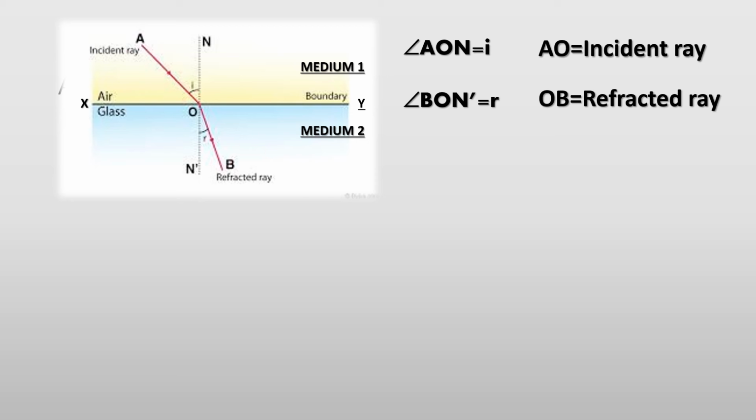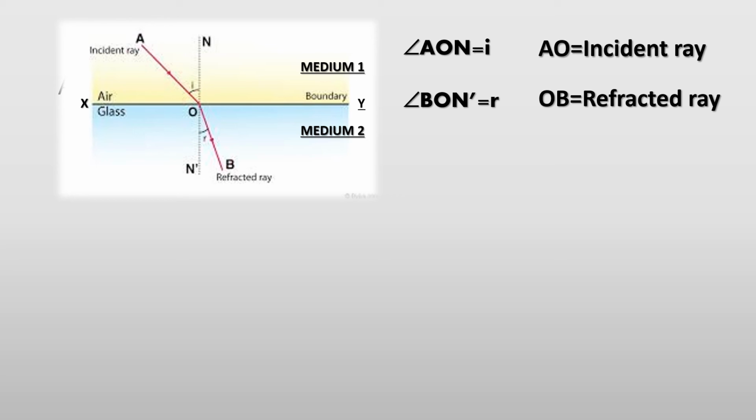Now, the angle which the incident ray AO makes with the normal NO N' is called the angle of incidence and is represented by I. So, here angle AON is the angle of incidence, and the angle which the refracted ray OB makes with the normal ON' is called the angle of refraction and is represented by R. So here angle BON' is angle R.